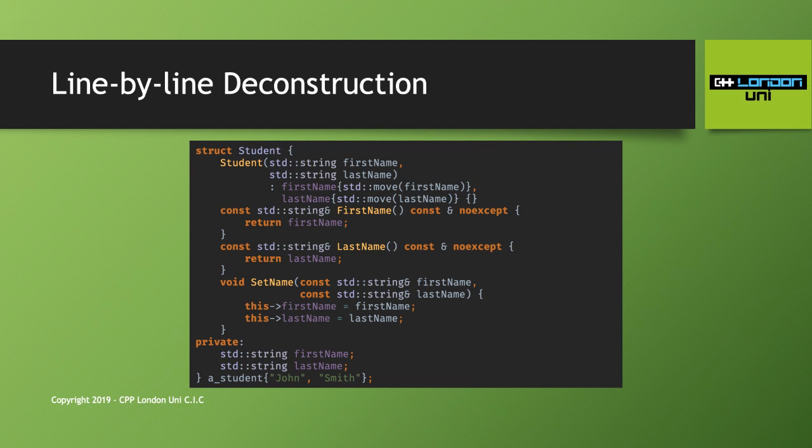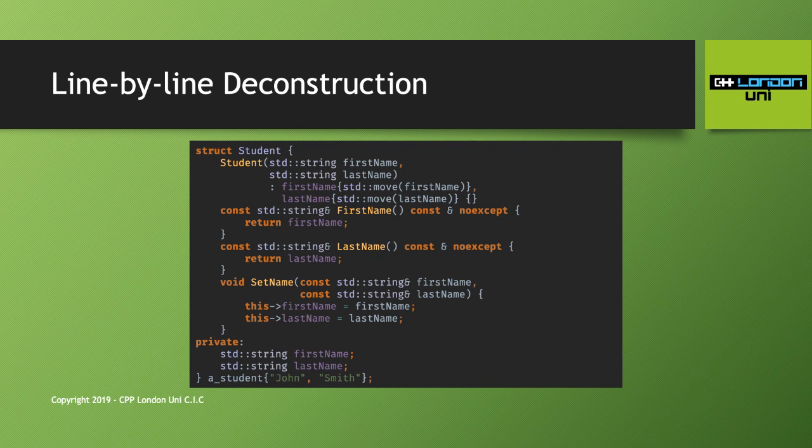These two will get overwritten. So if I did a student dot set name Mike Smith, this is going to return a reference to Mike, and that's going to return a reference to Smith, but in the set name, you're going to replace John with the Mike, not the Mike with the John. Correct. So these are the arguments going in, and I overwrite what I've already got in my data here.